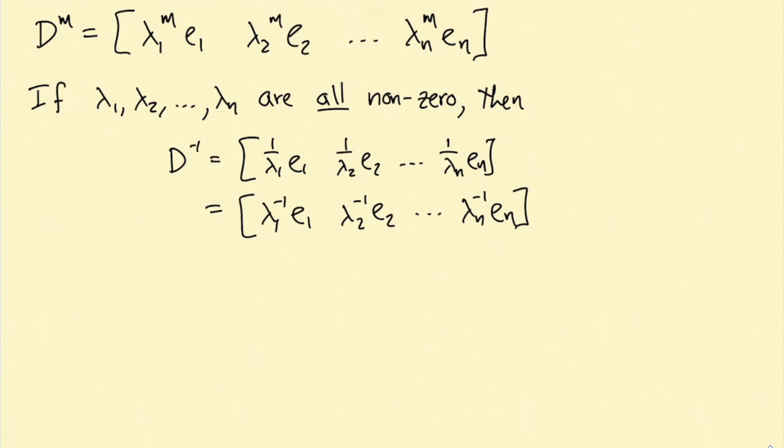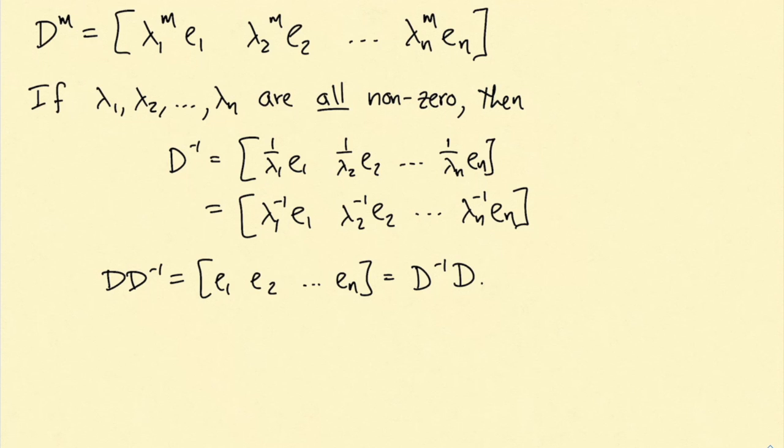You can check that if you multiply D and D inverse, you will get lambda 1 inverse, lambda 2 inverse, all the way down to lambda n inverse along the diagonal, which is of course 1. And the same thing happens if you multiply in the opposite order.